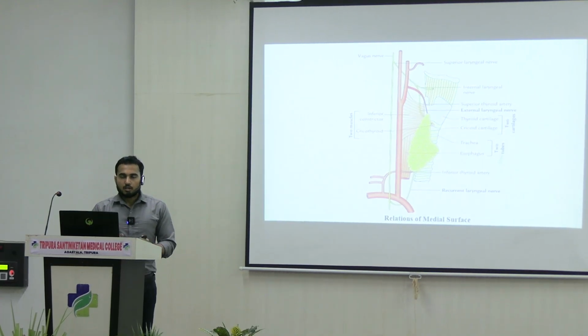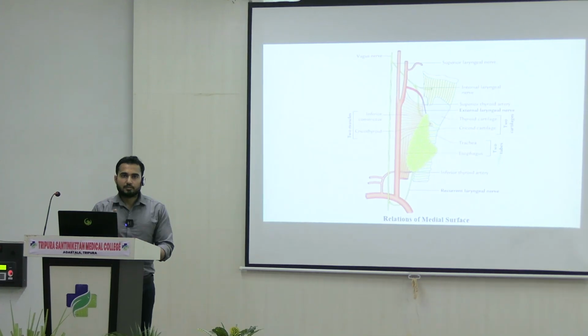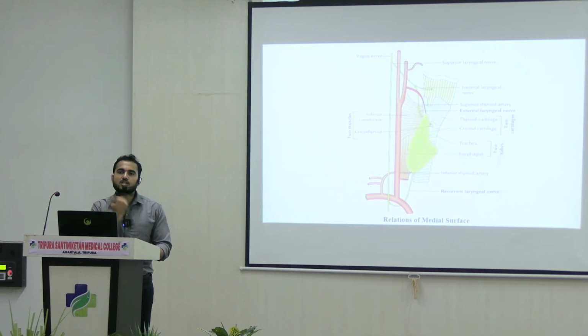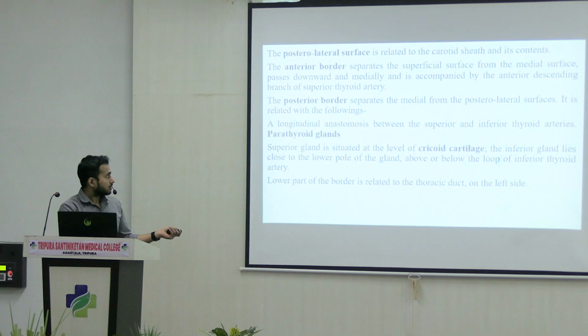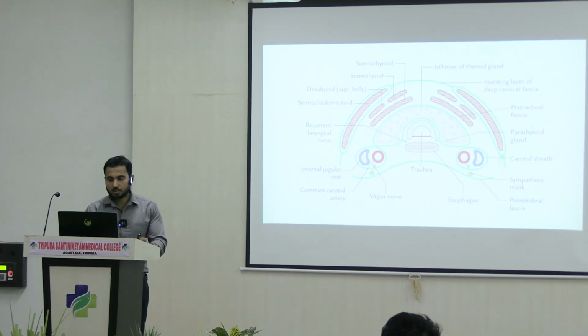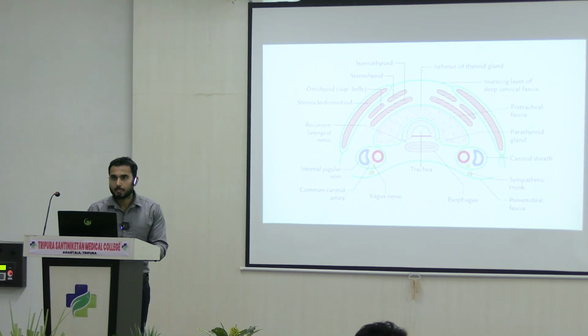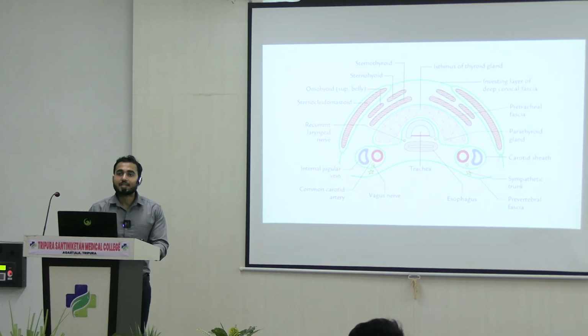Next, there is another very important diagram, where a cut section of the neck is shown at the level of the isthmus of the thyroid gland. This I am talking about. So this is an axial section.